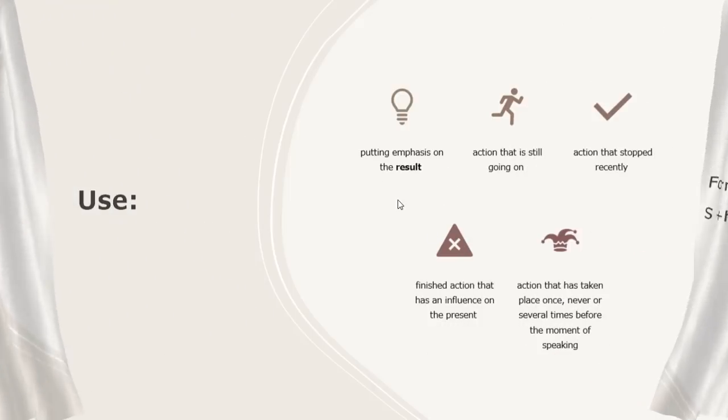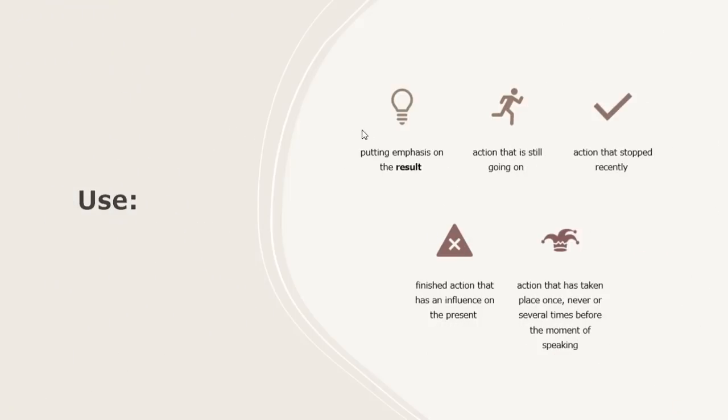And then we go to when to use. We use putting emphasis on the result. The result of something. For example, you were hungry and you ate something, and you say, I've just had something to eat, right?